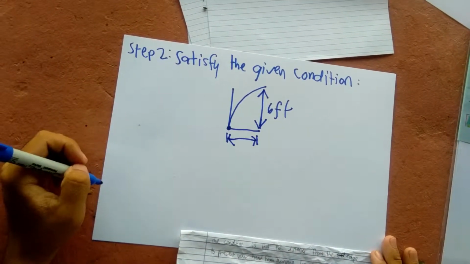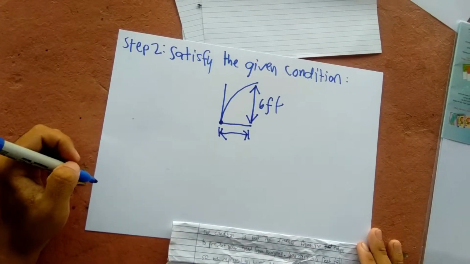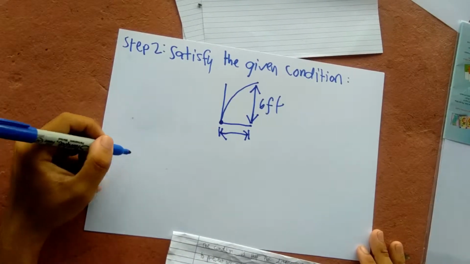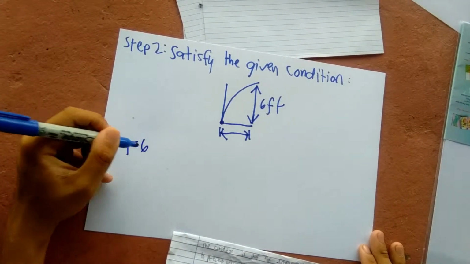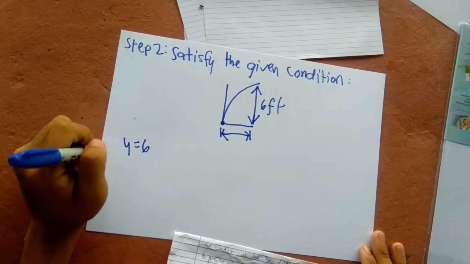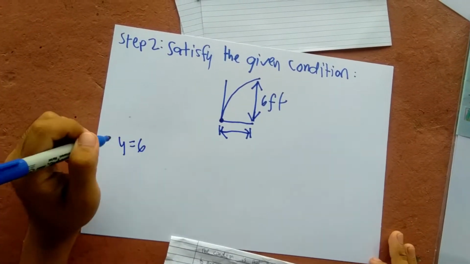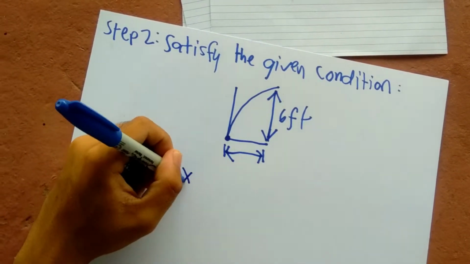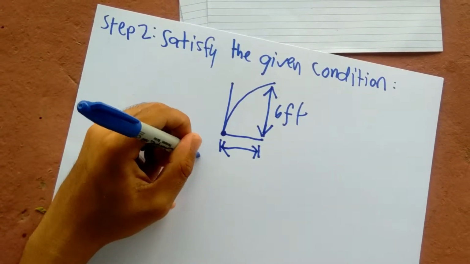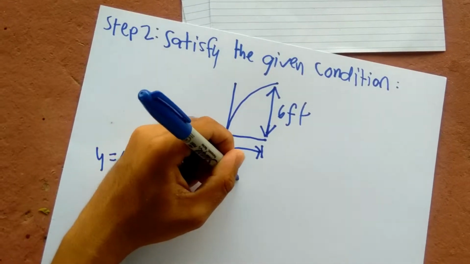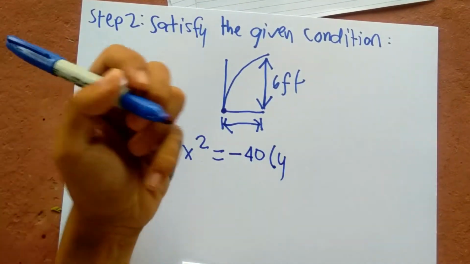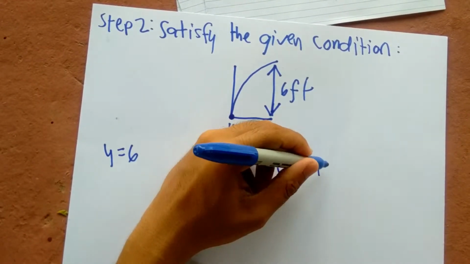Since 6 feet is a height, we must represent it as y = 6, then we can substitute it into the equation, solving for x. So the equation again is x^2 = -40(y - 90).